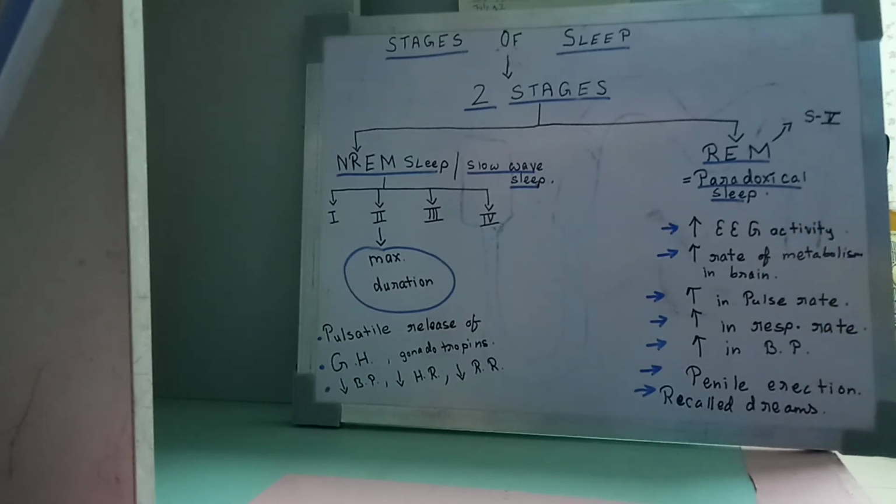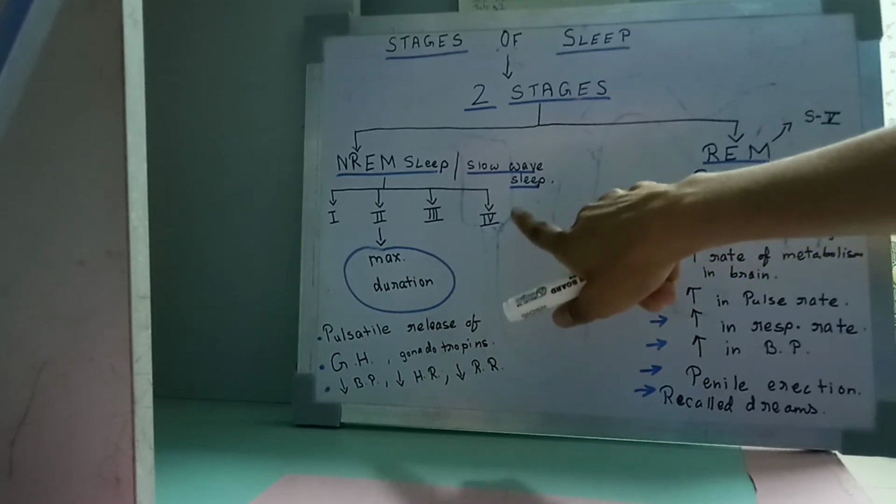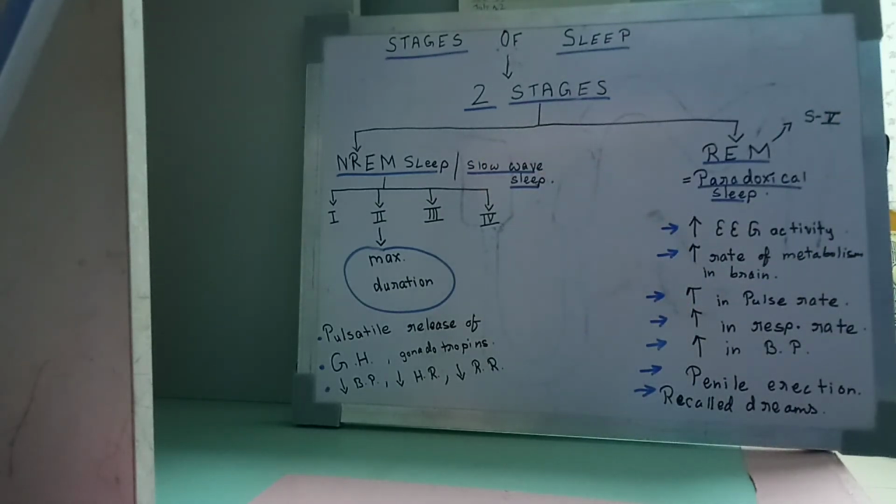Most of stage 4 of non-REM occurs in the first third of the night, whereas most of the REM sleep occurs in the last third of the night. And REM sleep occurs regularly after almost every 90 to 100 minutes, with a total of around 4 to 5 REM sleeps in the entire night.